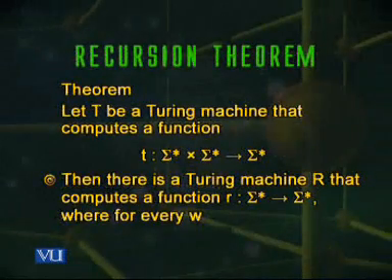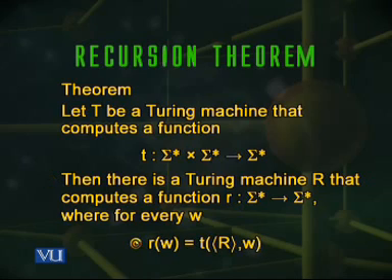Suppose T is a Turing machine like that, or suppose someone writes a program that analyzes programs and does something. Well, then the recursion theorem says the following: there exists a Turing machine capital R such that if we run R on W, then that will behave exactly as if we were to run T on R comma W. What does this mean?